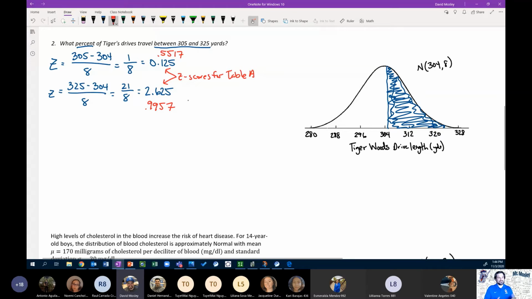Now, again, these are both to the left of the value we found. So this 0.5517 is the area over to the left here. And the 0.9957 is essentially going from here all the way over to the left. I only need this much of it.